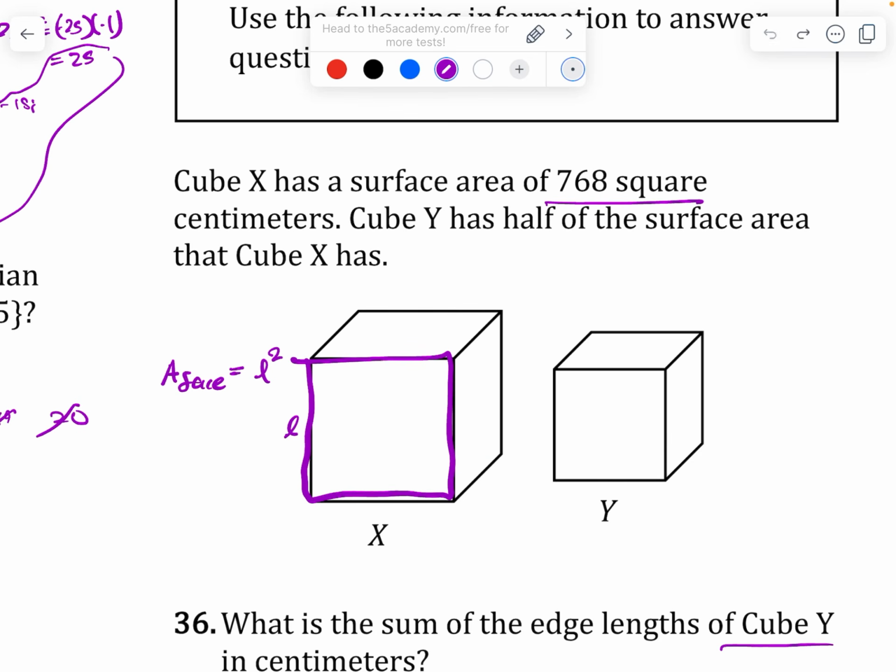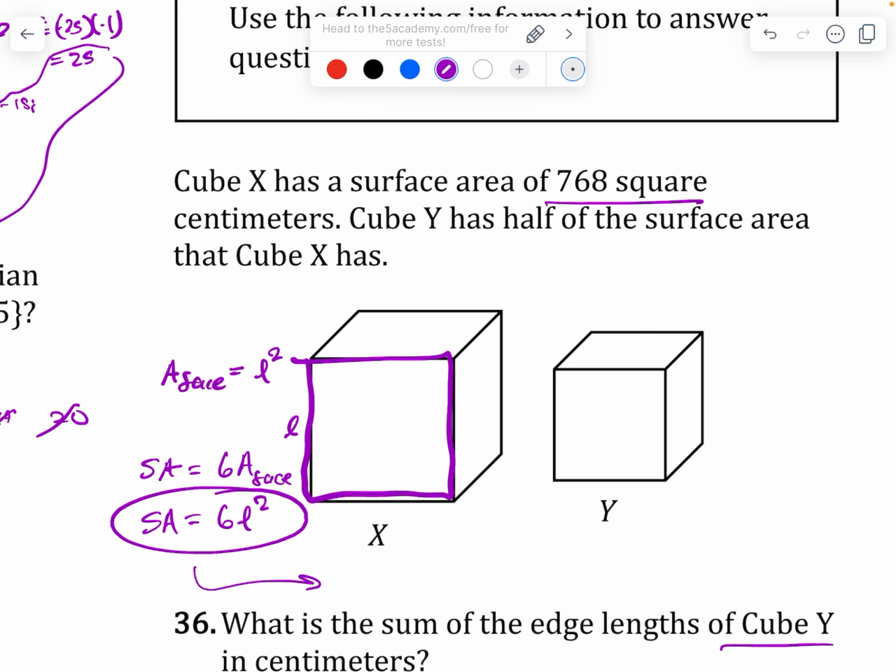And then the ones that I can't see, there's 1, 2, 3, on the back side and the bottom and the left. 3 plus 3 is 6, so you end up with a total of 6 faces. So let's call it this. Surface area is equal to 6 times the area of the face, which is equal to 6L squared. Okay, that's your surface area formula.